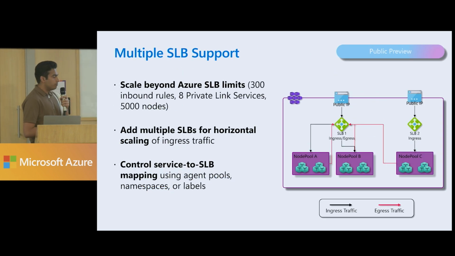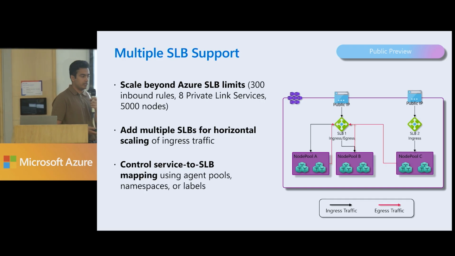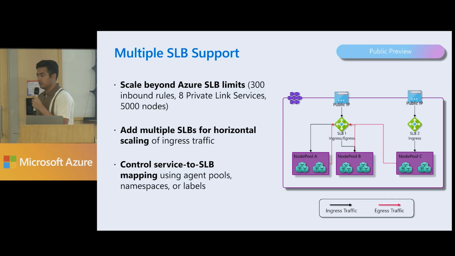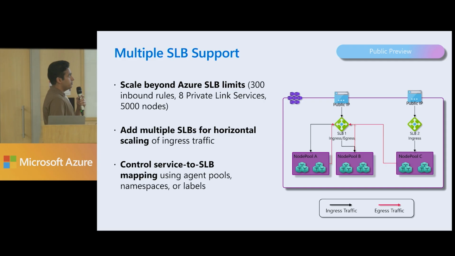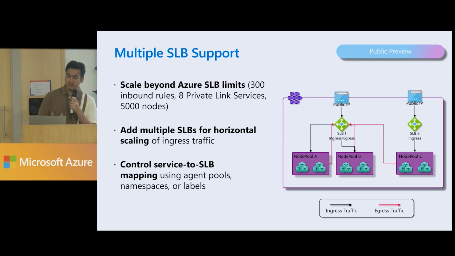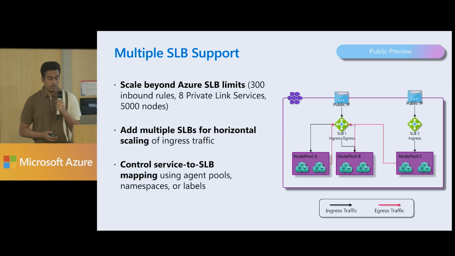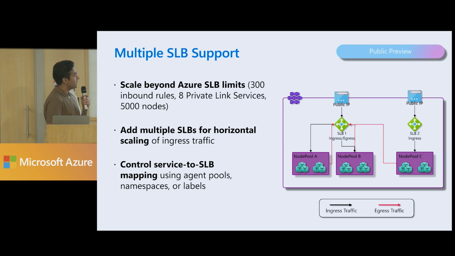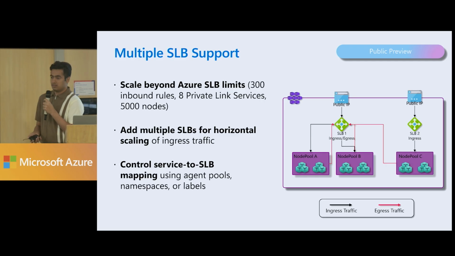So now that you have your compute scaled up or scaled down for your cluster, it's also important to remember that the networking configuration you have for a 10-node cluster is not going to work for a 1,000-node cluster. That's where we have a couple of features that we've built in to help you scale up your networking environments as well to match your compute scale. For example, we now have multiple SLB support in public preview, where if you're hitting SLB limits of 300 inbound rules or 8 private link services today, you can effectively HPA your SLBs.